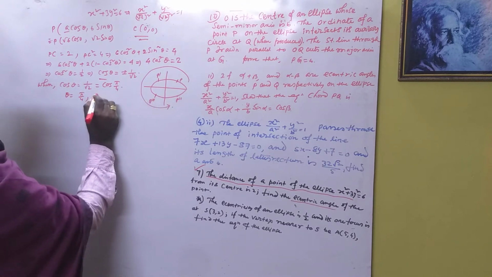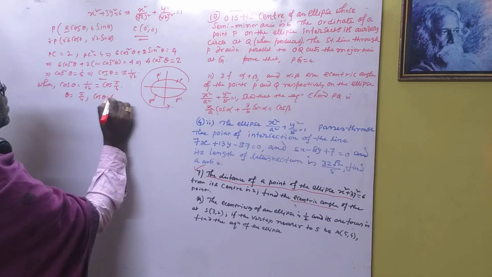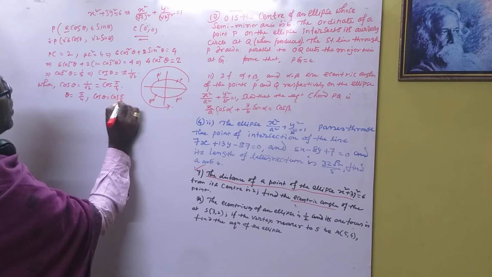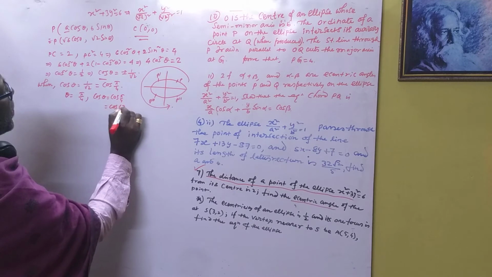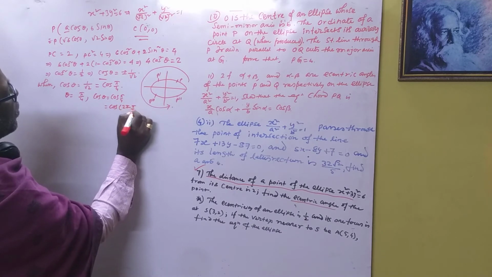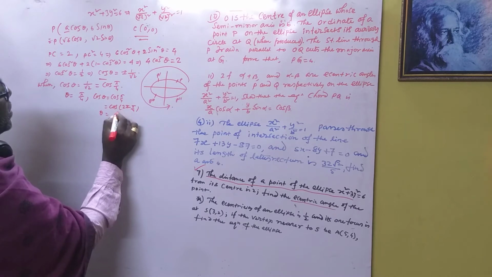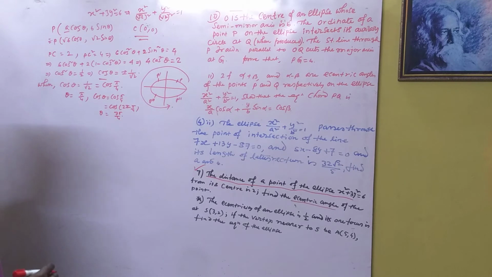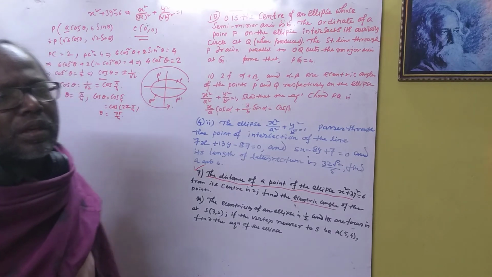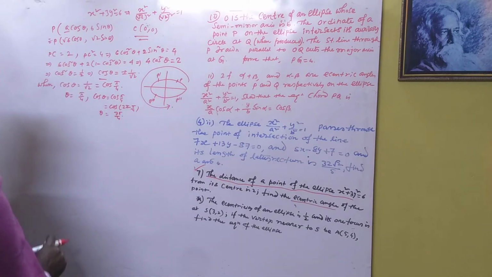Again for the fourth quadrant, cos of pi by 4 is equal to cos of 2 pi minus pi by 4, which is 7 pi by 4. If we take plus 1 by root 2, then the eccentric angles are pi by 4 and 7 pi by 4.